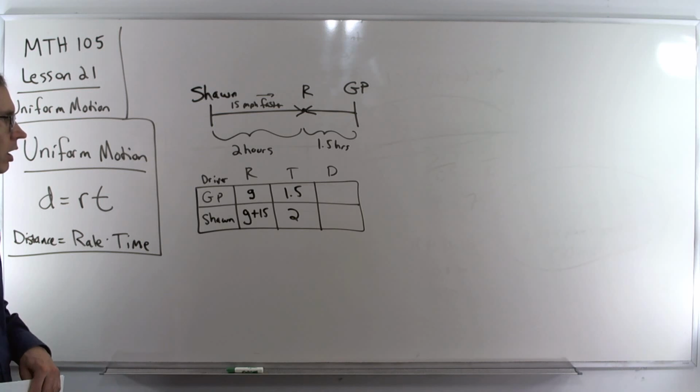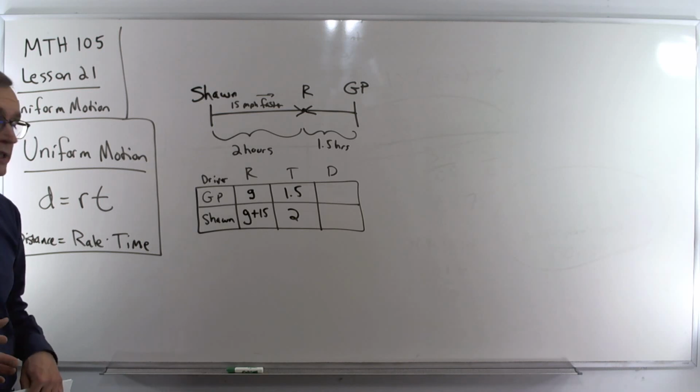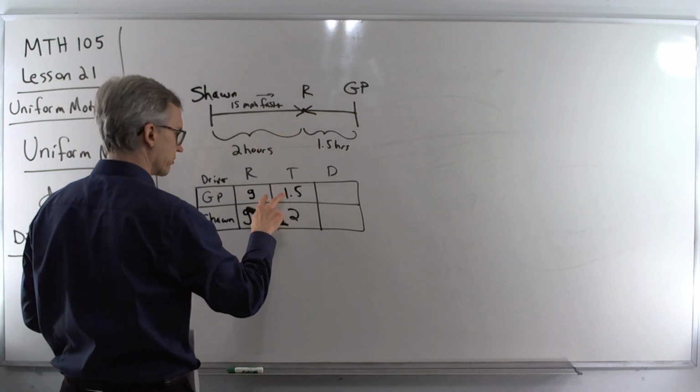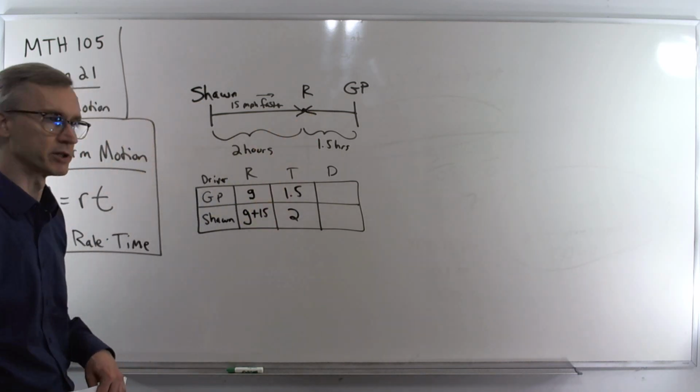All right, so we're going to have to use a little different strategy this time because we don't know that they're driving the same distance, so we can't just multiply these and set them equal to each other.